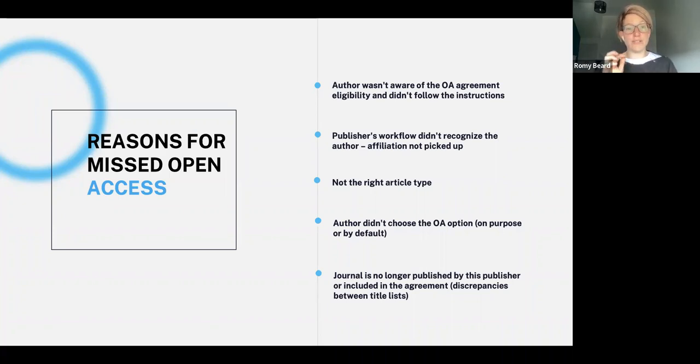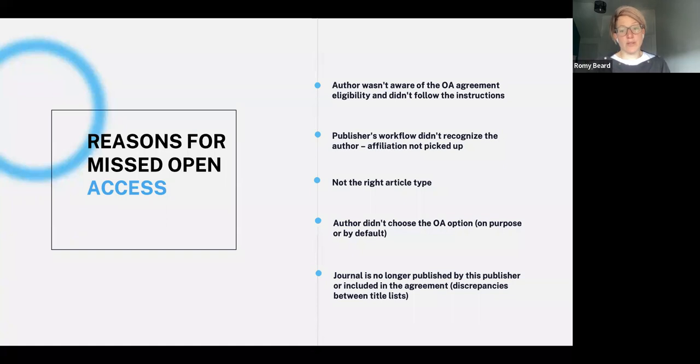Maybe there's an automatic institutional name recognition, but you overwrote it with a manual way of writing your department or your institution, and therefore it didn't get picked up. Could be that it's not the right article type. We saw at the start that some agreements are restricted to certain article types. It could be that yours was a discussion paper and therefore it wasn't included.